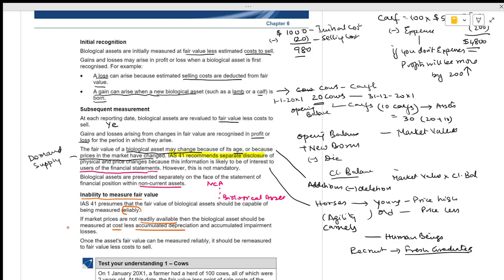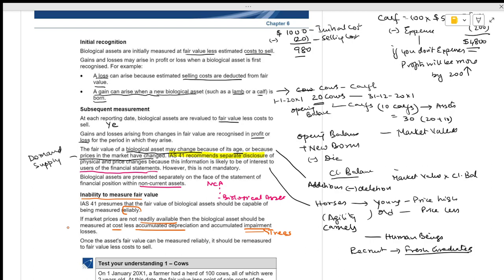You can say accumulated depreciation or you can put it as amortization, and accumulated impairment. When we say accumulated, we don't know what is the life. We don't know what is the life of the trees.